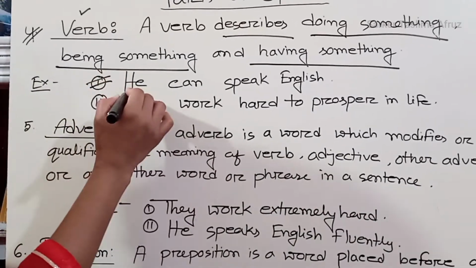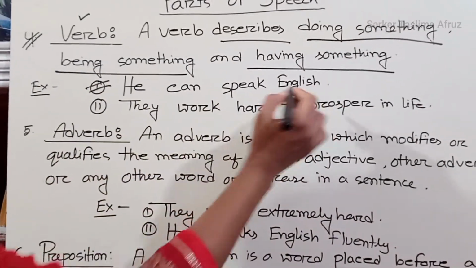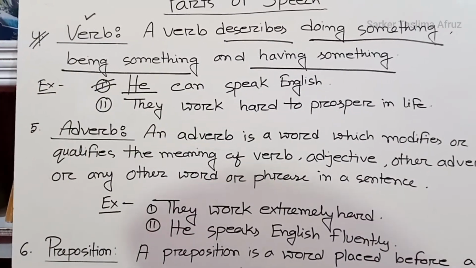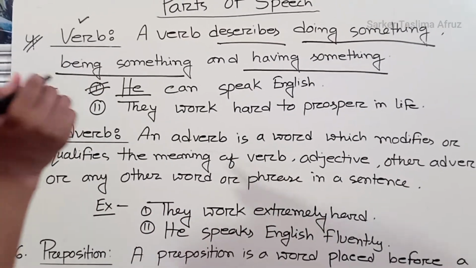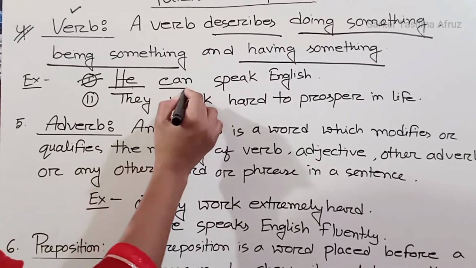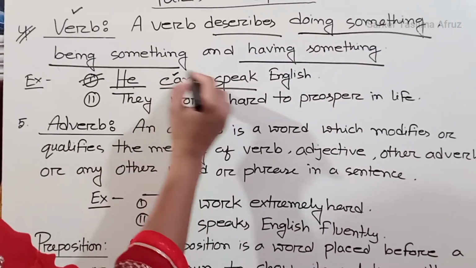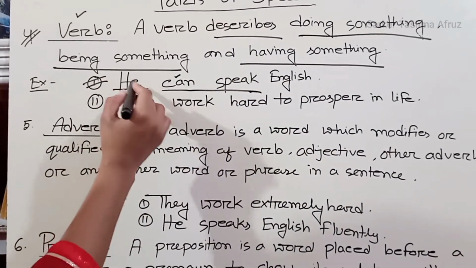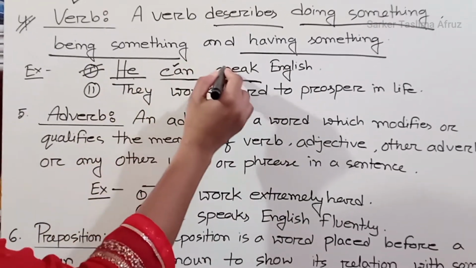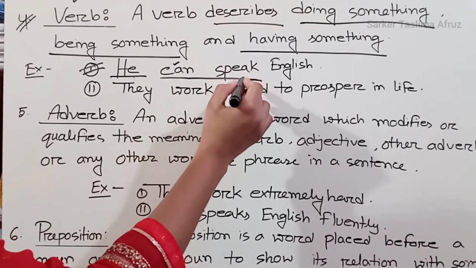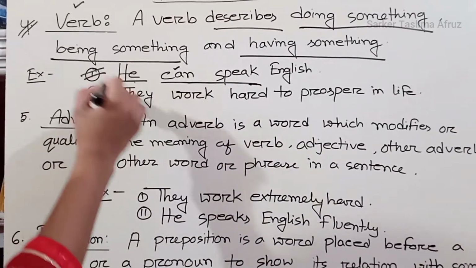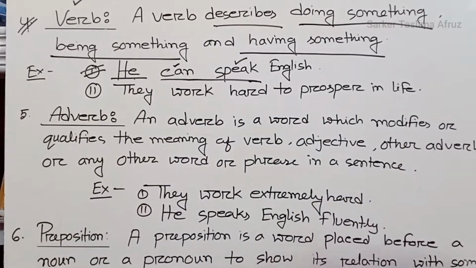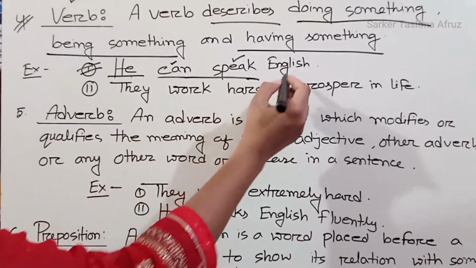First one, you can see, he can speak English. Well, he is a pronoun. We have already known about this pronoun. Can is an auxiliary verb and speak is a main verb. So you can see a subject cannot remain without verb. Verb helps us to know about subject. So we can say he can speak English.